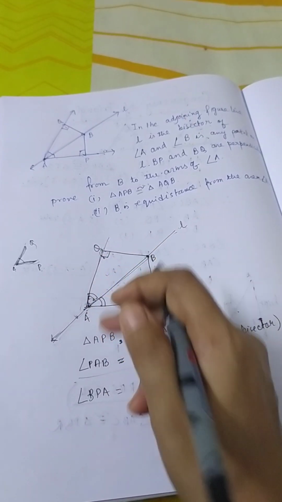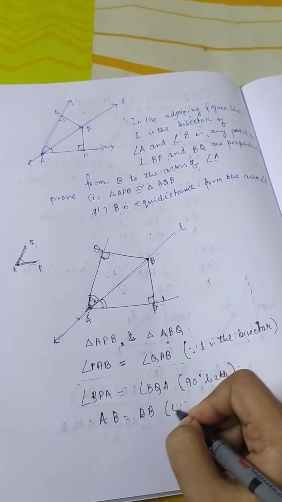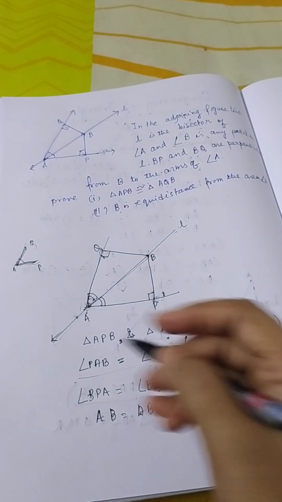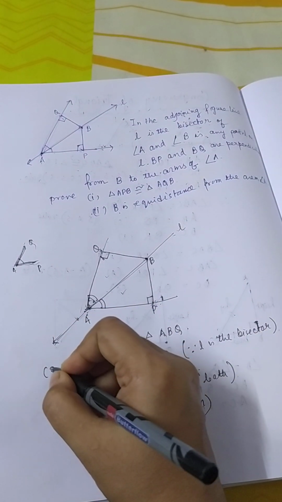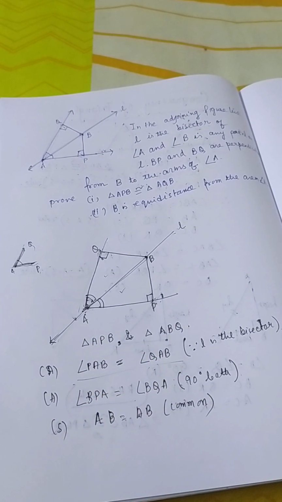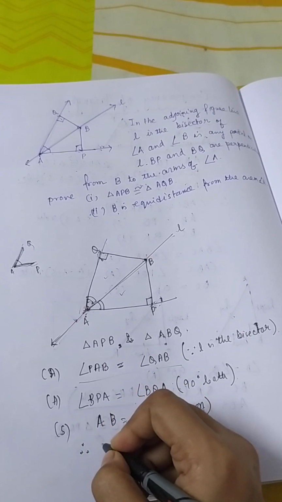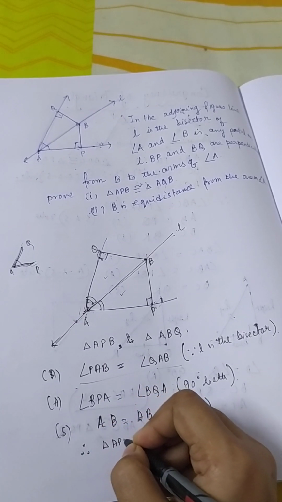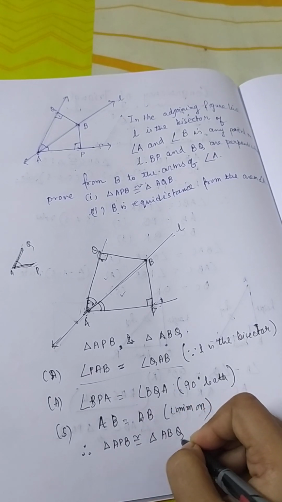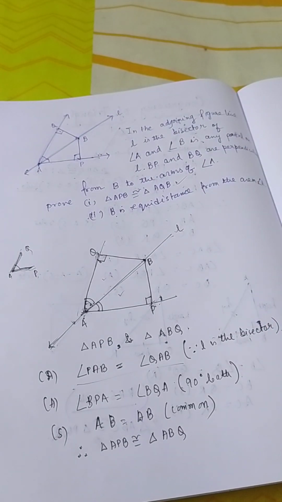In these two triangles, AB is present, so AB equals AB, which is common. From the rules of congruency, it is an angle, an angle, and a side. So the AAS rule is applied here, and we can tell that triangle ABP and triangle ABQ are congruent. So our first proof has been done.